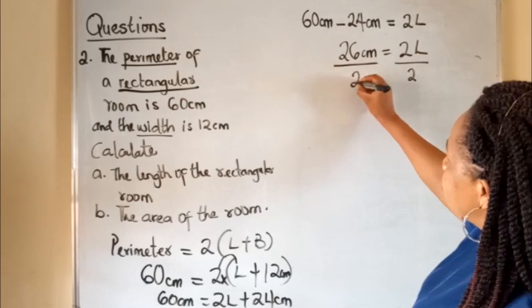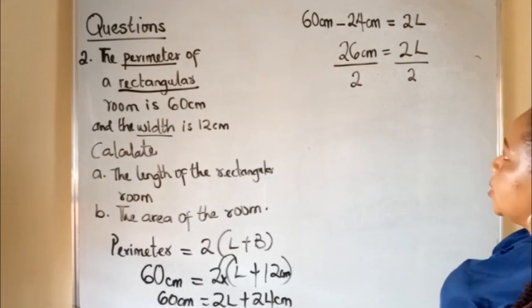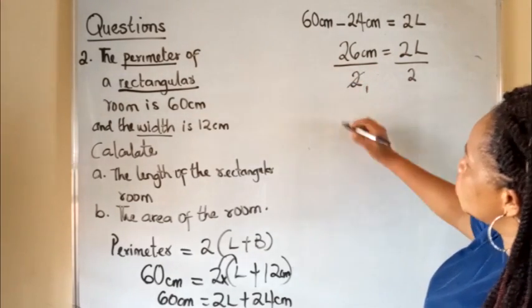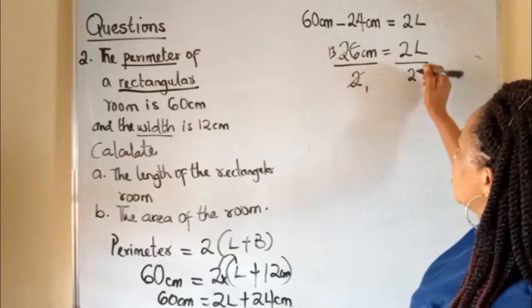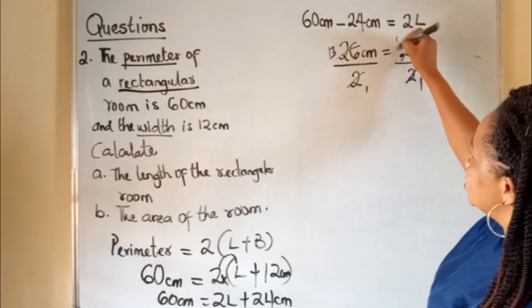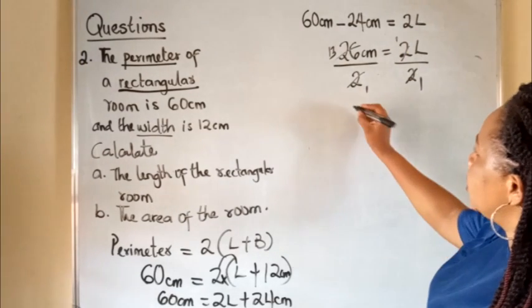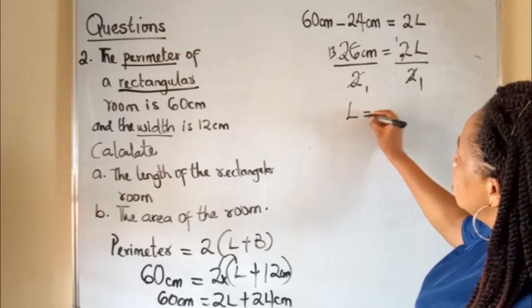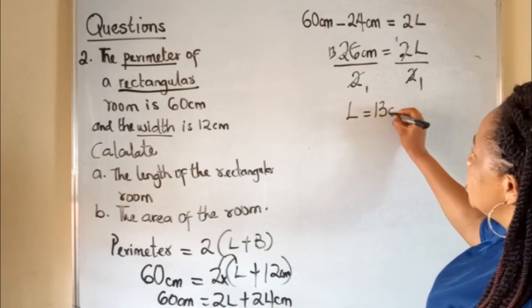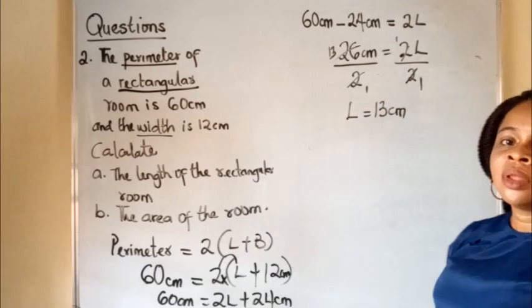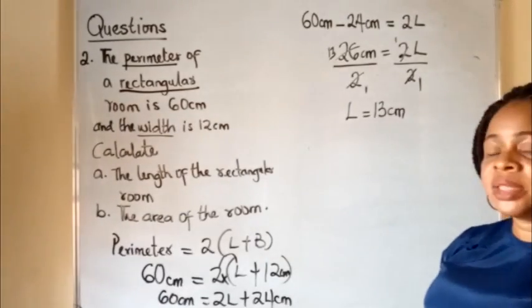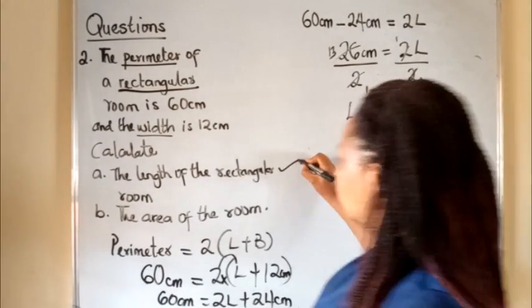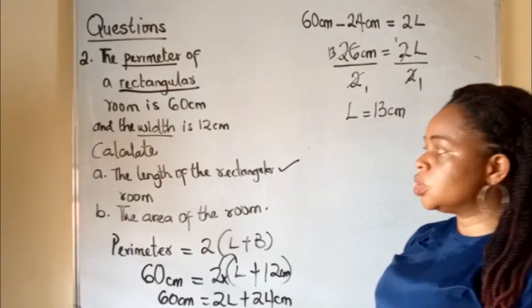And when we do that, 2 divided by itself will give us 1. How many 2 is in 26? We have 13. 2 divided by itself is 1. So here we have that L is equal to 13 centimeter. Our L, our length, is equal to 13 centimeter. We have found the solution to A.